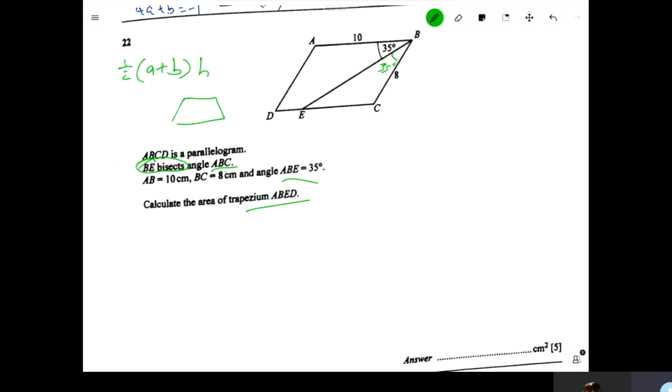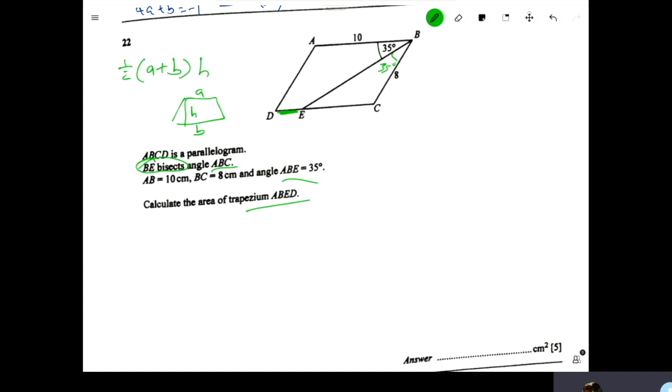Let's say this is a trapezium, with sides A, B, and this is H. Half A plus B times H, that's the area. So we're supposed to find the area of trapezium ABED. ABED is over there. Basically, I need to find this length, DE.